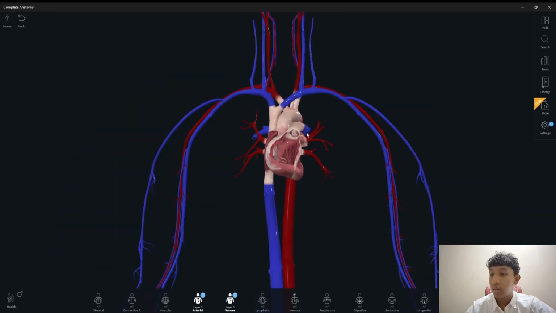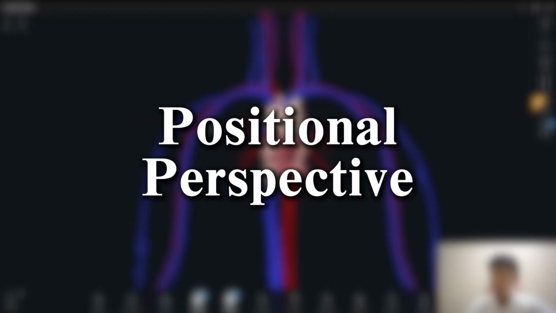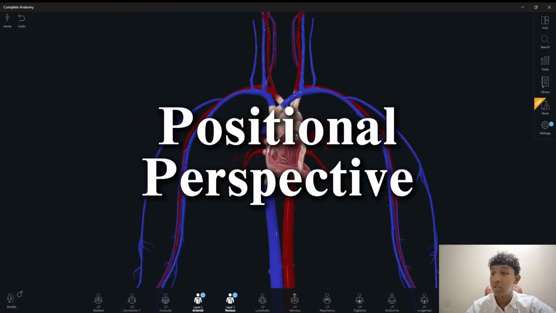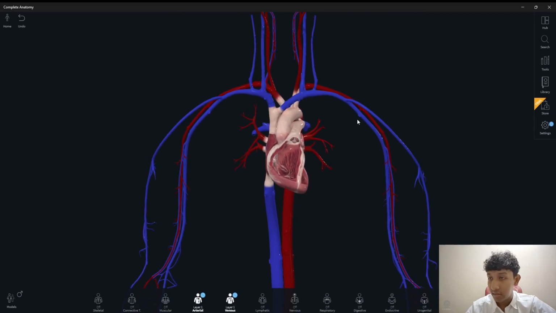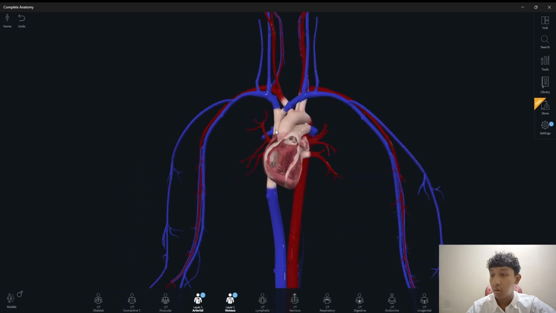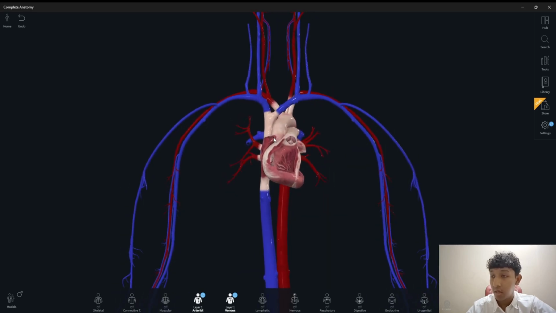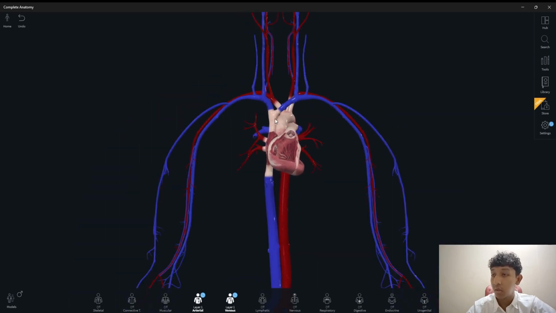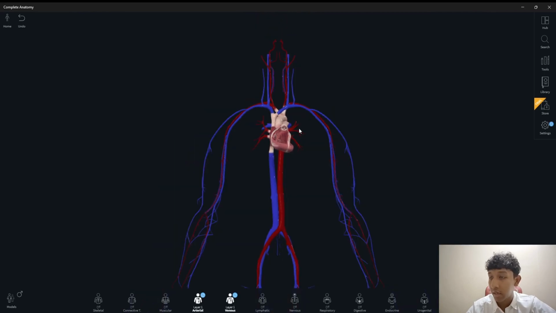Now the other thing I wanted to point out is that right and left are actually flipped. Normally these would be the right side and these would be the left side, right? But in medicine, when we're learning about the anatomy, you have to flip your perspective because we're looking from the patient's perspective.